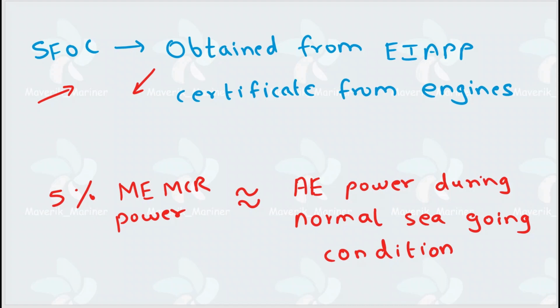So basically, 5% of main engine MCR is almost equivalent to normal auxiliary engine load during seagoing conditions. I repeat, for example, if main engine MCR power is 10,000 kilowatt, then your auxiliary engine load during normal seagoing condition will be approximately 500 kilowatts.